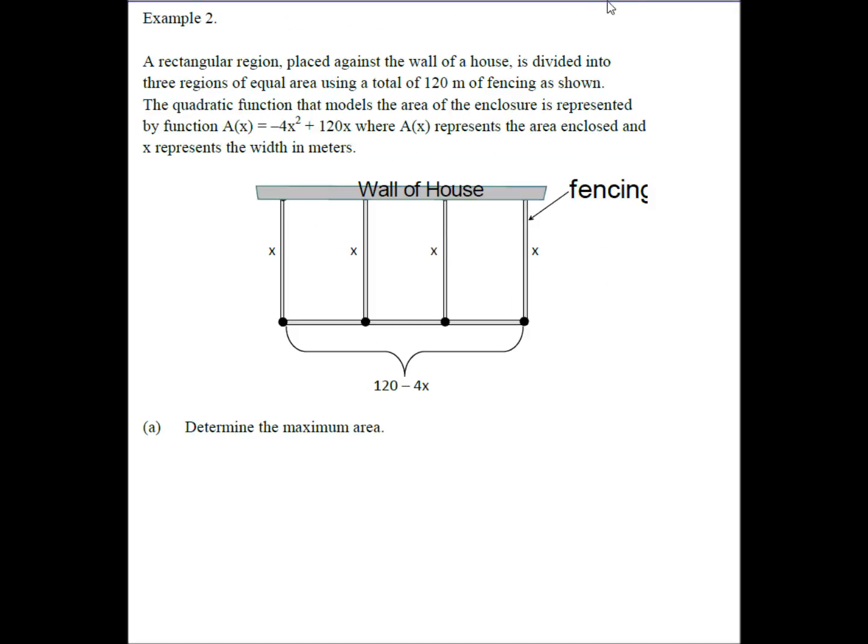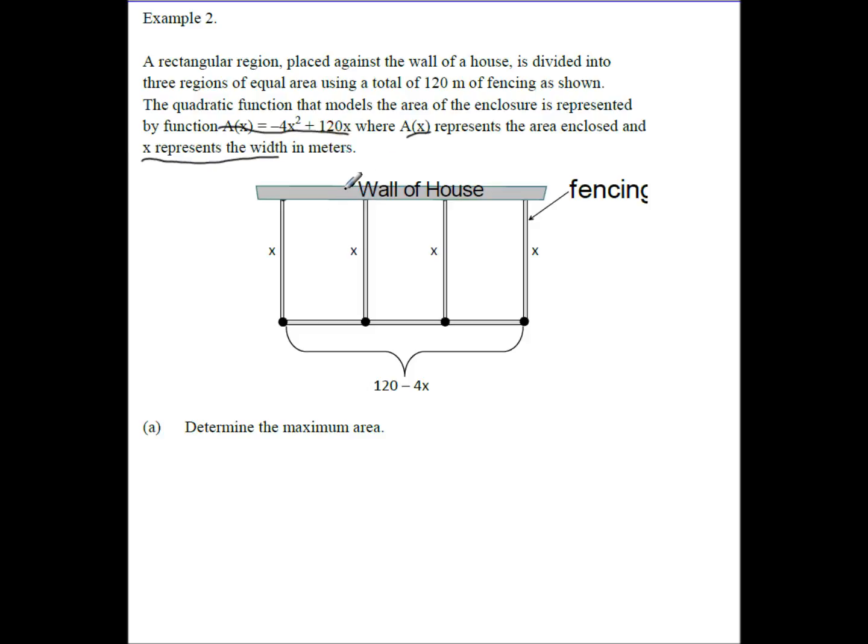Now the next one is a similar style problem. We have a rectangular region placed against the wall of a house. It's divided into 3 regions of equal area using a total of 120 meters of fencing, as shown, and here's the quadratic function. A(x) represents the area of the enclosure, and x represents the width.